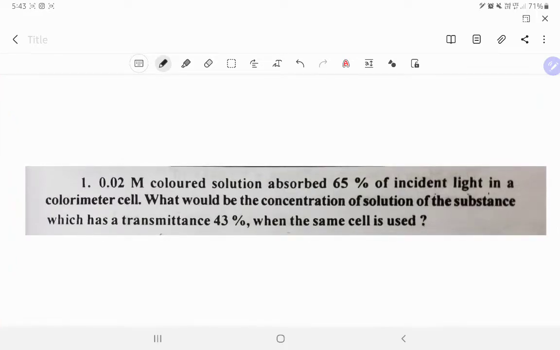What is given here? 0.02 molar colored solution absorbs 65% of incident light in colorimetric experiment. Okay. What would be the concentration of solution which has a transmittance of 43% if same cell is used?